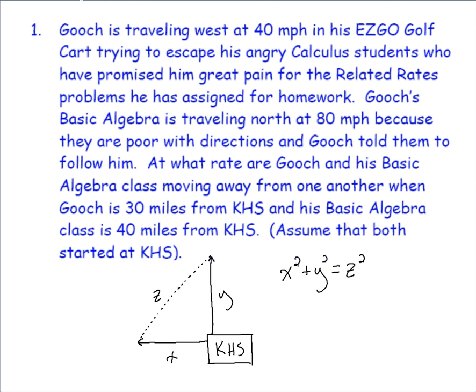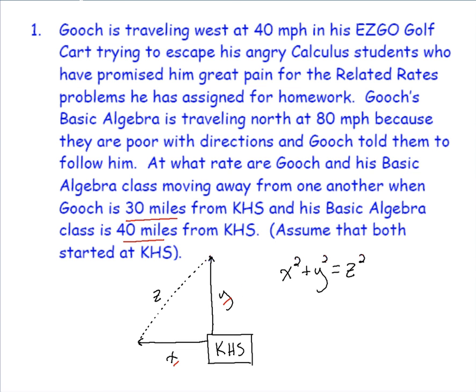Like, I'm concerned about what's happening at the moment in time where I'm 30 miles away from the high school, so when x is 30. I'm also concerned about the moment in time when they're 40 miles away from the high school, so when y is 40. I could plug in 30 for x and 40 for y. That could be information I could insert at this point.